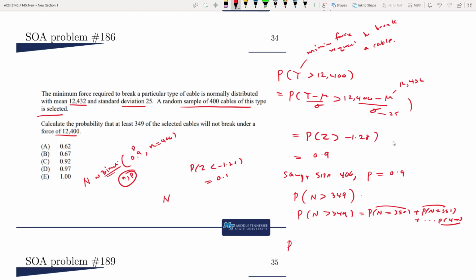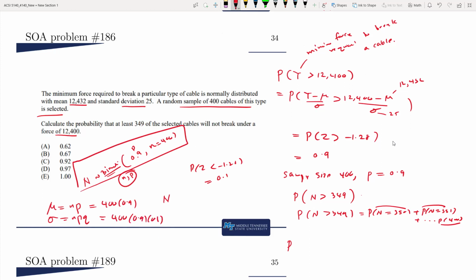So we need to extract the mean and sigma from this binomial distribution. Basically mu is np, and sigma squared is npq. So np is 400 times 0.9, and npq is 400 times 0.9 times 0.1. So mu is 360, and sigma is the square root of npq, which is 6.